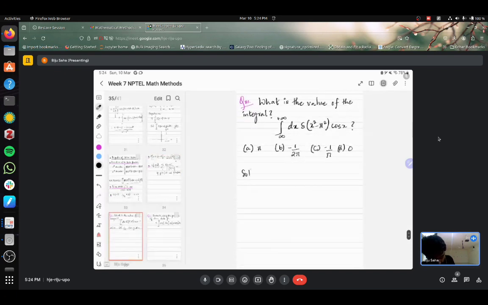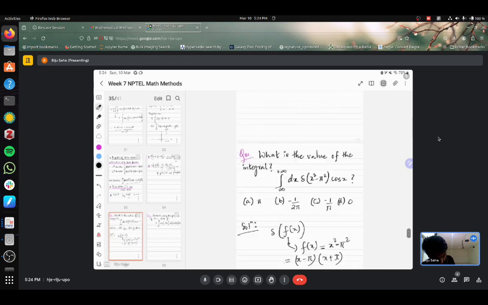So let us quickly go to the example first of all. Here your f(x) is given. f(x) is x square minus pi square. So what you get to see, you know your a and b right now.